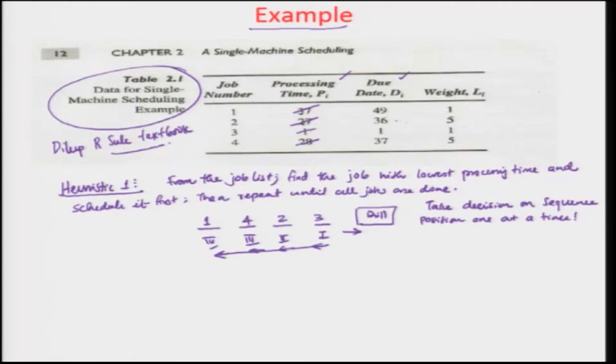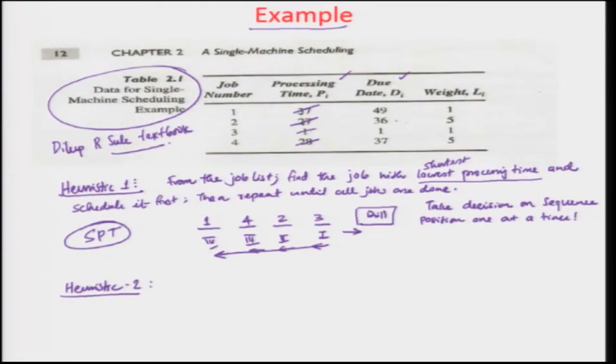This type of heuristic, where we find the lowest or shortest processing time, is called SPT, shortest processing time. This is also sometimes known as a single pass heuristic, because in one pass you are able to get a solution.